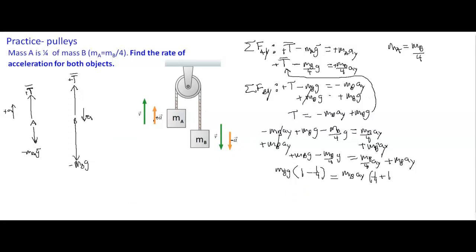Or I could actually say that this right here becomes 3/4 and this becomes 5/4. And so 3/4 times MBG equals MBAY times 5/4. I'm going to fix that 5 a little bit so it's not so strange looking.